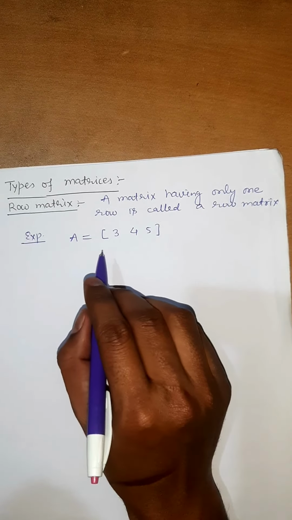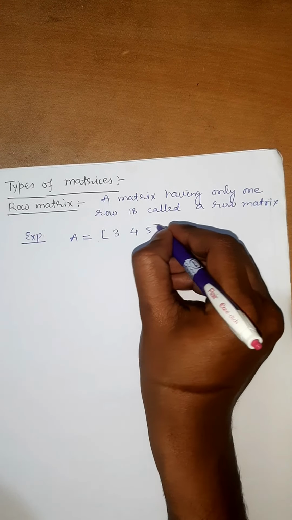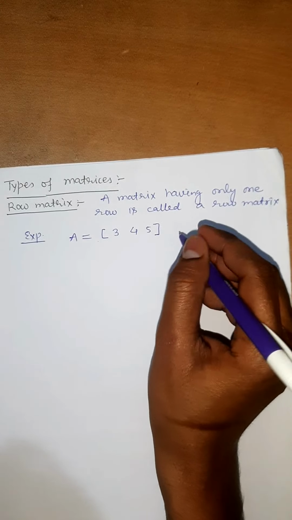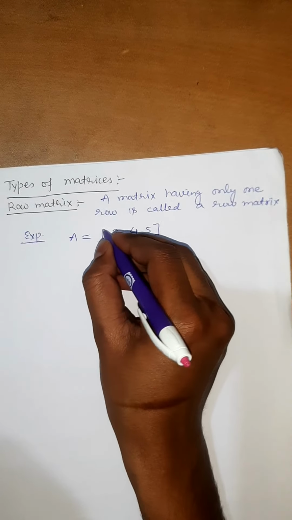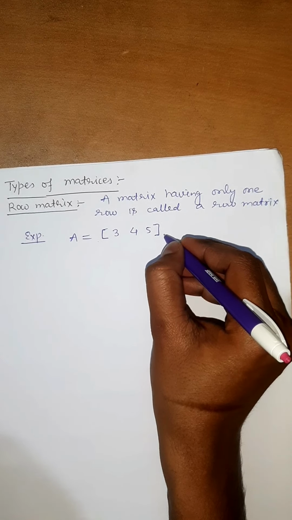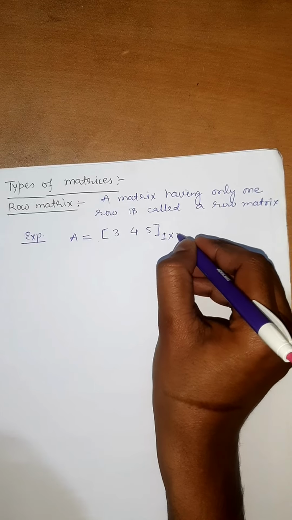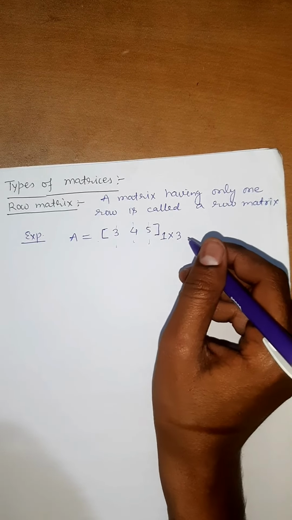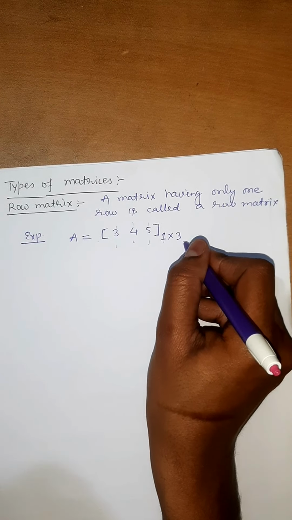So we define the order of this matrix by multiplying rows by columns in the order of m cross n. So there is only a single row and 3 columns, say C1, C2, C3. So order of this type of matrix is 1 cross 3.